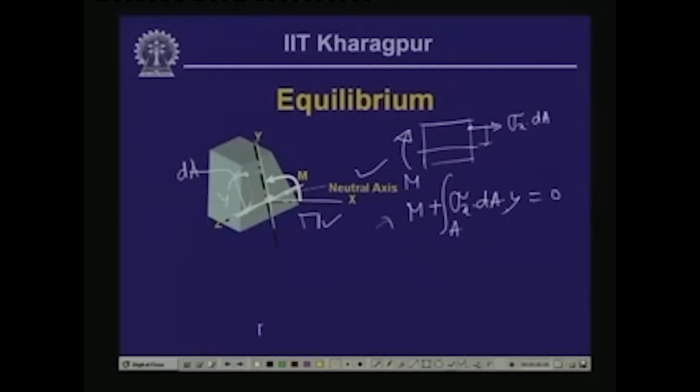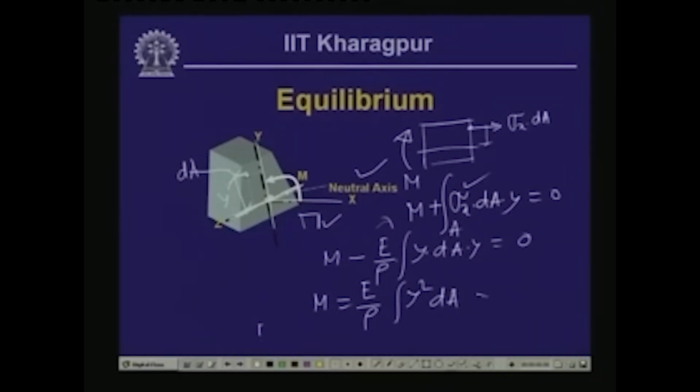Now, if we substitute for the value of sigma, this is M minus E by rho times the integral of y dA y, equal to 0. This is nothing but M equal to E by rho times the integral of y squared dA.